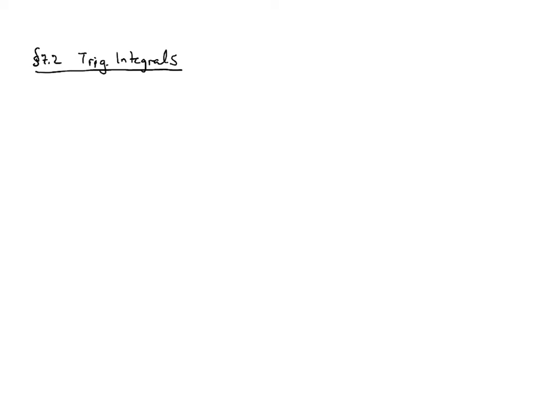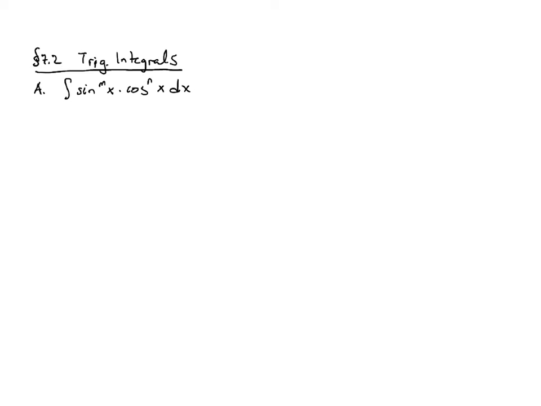So the first type of integral that we want to look at, the most basic ones, are integrals of the form antiderivative of sine to the m of x times cosine to the n of x dx. So I'm integrating a product of some power of sine functions and some power of cosine functions.